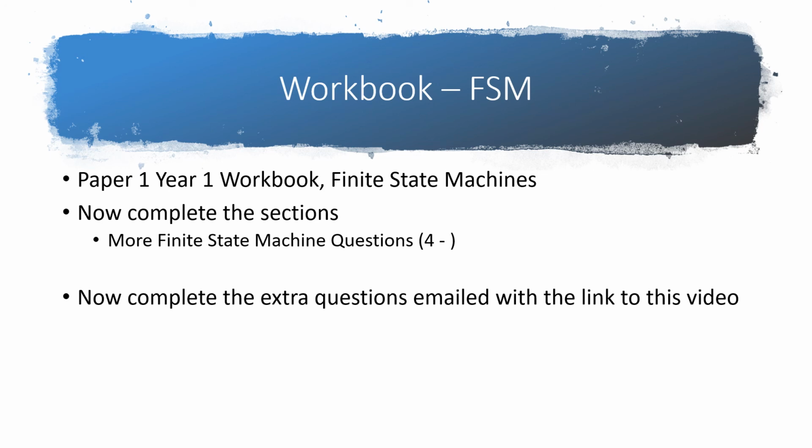And the final thing is I have emailed you, and also on Teams I'll attach an extra set of questions, which are all of the exam questions that they've had on finite state machines. If you want to have a go at doing those, then that's pretty much the topic completed.